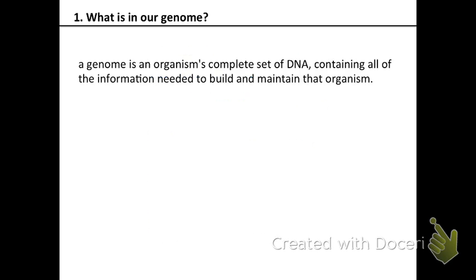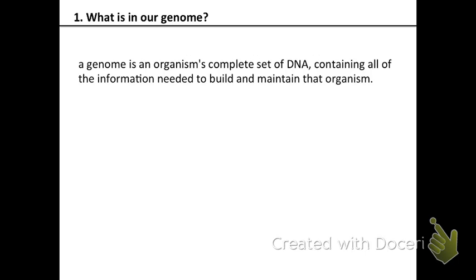All right, so now the science. What we're going to talk about in this lecture is basically what is in our genome. You already had a description of the genome, which is an organism's complete set of DNA containing all the information needed to build and maintain that organism.